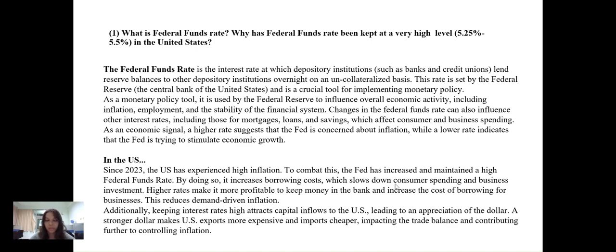This rate is set by the Federal Reserve and is a crucial tool for implementing monetary policy. As a monetary policy tool, it is used by the Federal Reserve to influence overall economic activity, including inflation, employment, and the stability of the financial system.